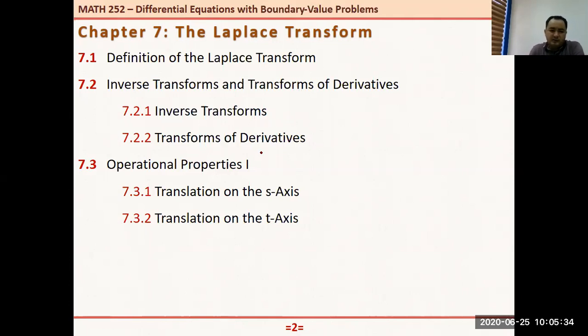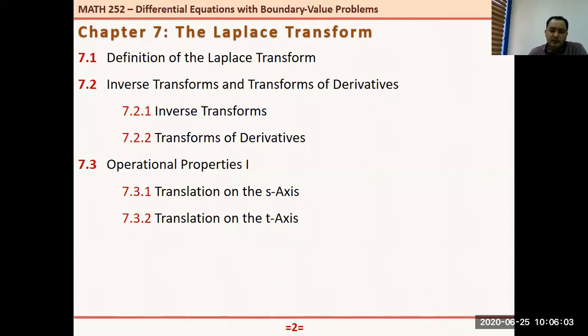Now, yesterday, we learned how to transform a function, right, using the Laplace transform. If you remember, we transformed the function f of t equal to 1, f of t equal to t, f of t equal to sine of at, cosine of at, sinh of at, cosh of at, and also e to the power at.